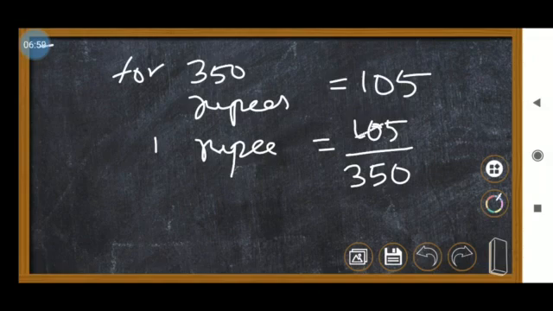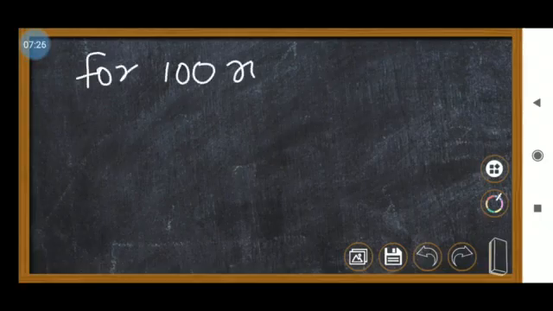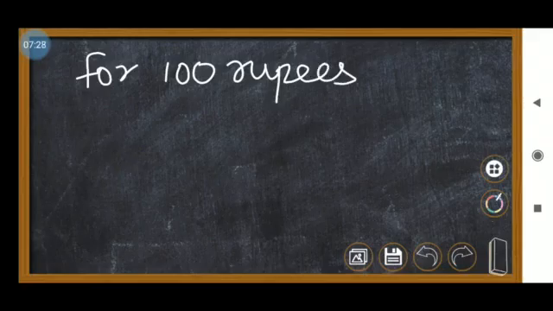2 5s are 10, 1 5 is 15, so 21 here, 7 5s are 35, so 70 will come. 3 7s are 21, 10 7s are 70, so 3 by 10. So when you give 1 rupee, you get 3 by 10 part of an envelope. When you give 100 rupees, it is 3 by 10 into 100.